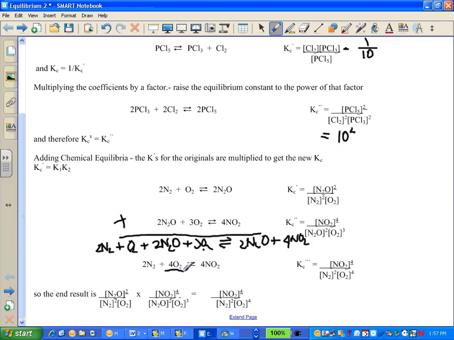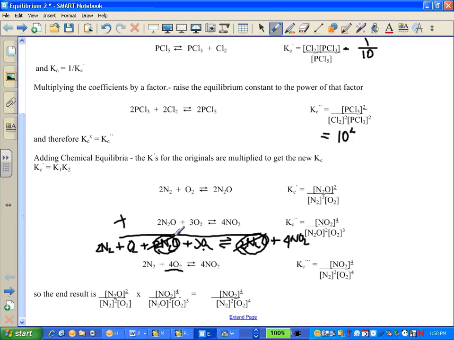The N2 has nothing on either side of the equation to simplify. And then the N2O, if you look at it, you've got 2N2O on either side of the equation, so this can simplify, just like it would in a math equation. So those will simplify, and we're left with 4NO2 as a product. So this is the mechanics of adding the two reactions.